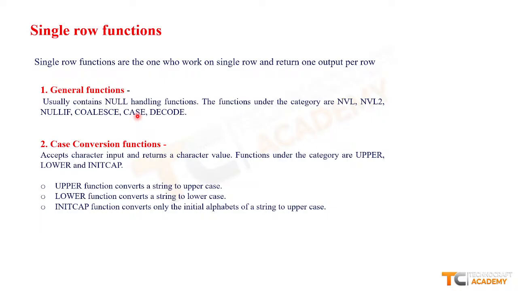For example, if age is greater than 12 and less than 20, then call it teenage. Then we can use CASE statements in such conditions. Okay, so let's check all these three functions in our SQL editor.